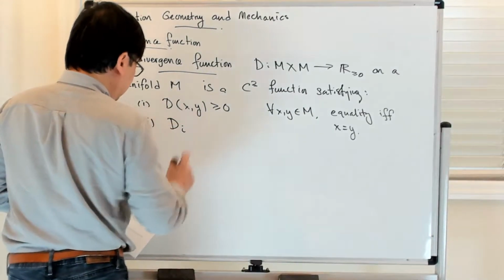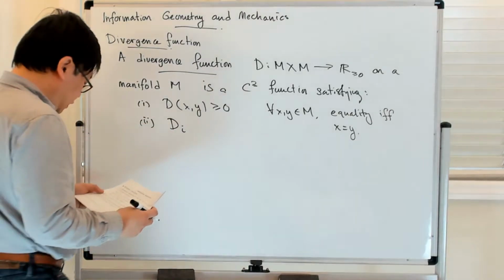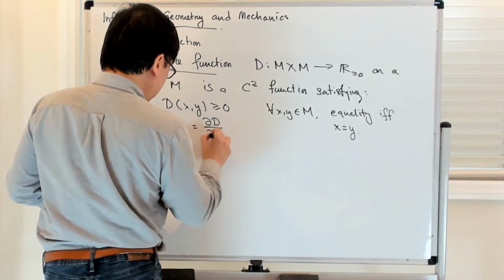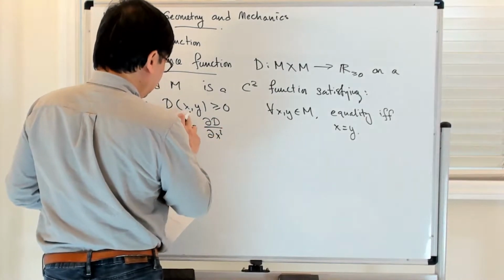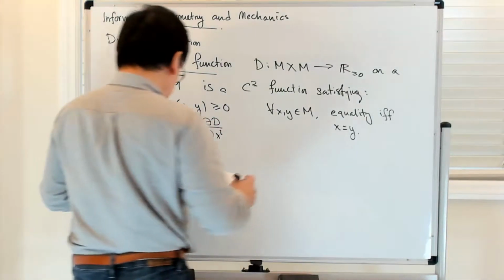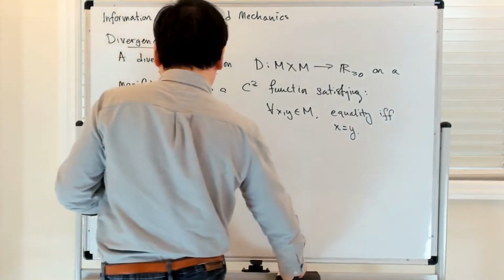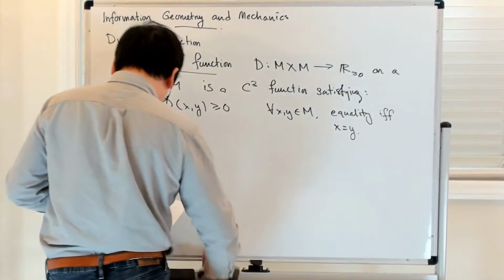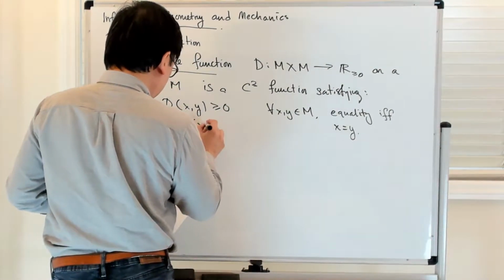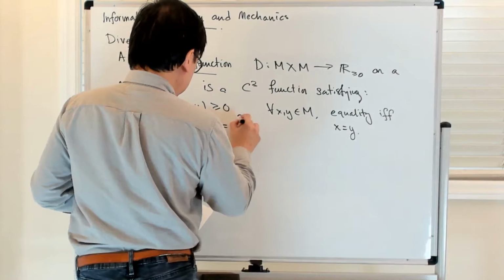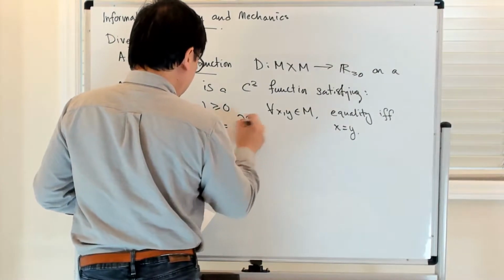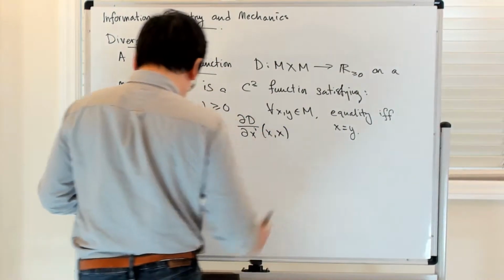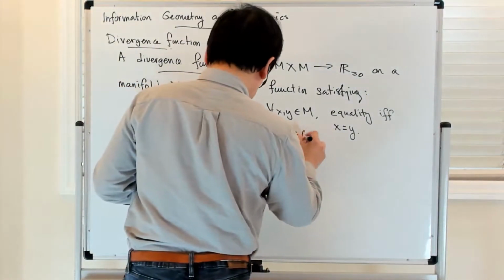Okay, so the second thing is that, I'm going to introduce some notation. D sub i means that I differentiate this divergence function with respect to the ith component of the first argument. So D_{i,} of x, x, which is the partial of D with respect to x_i at the point (x, x), is equal to 0.